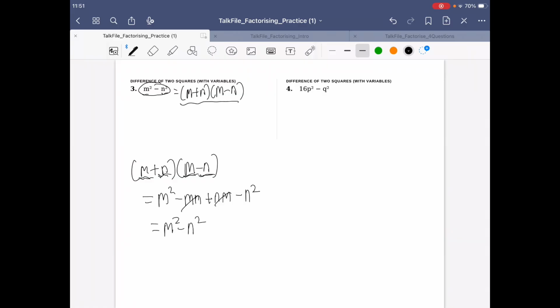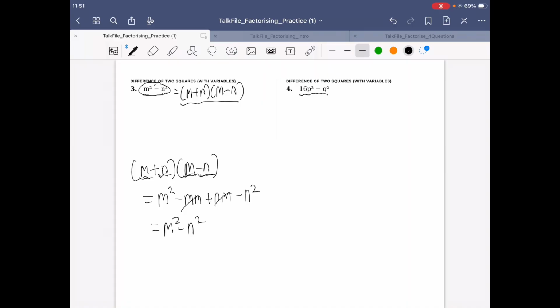This can apply to basically all the questions in factorizing. Factorizing means you just do expansion but in reverse. So you can just expand the factorized form, and then you get the original expression, hopefully. This next one could be a little bit more difficult than before.